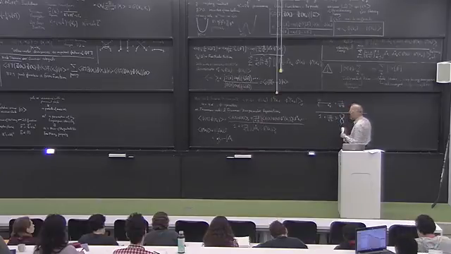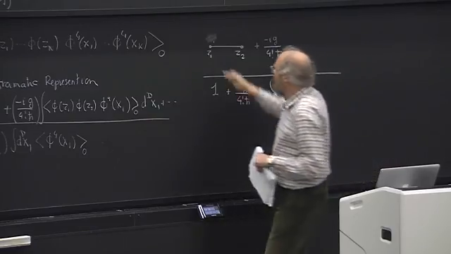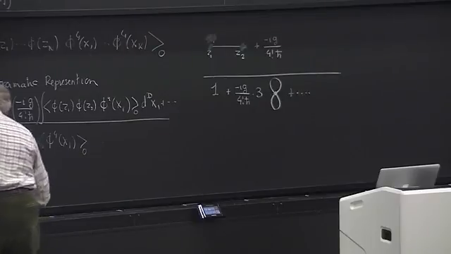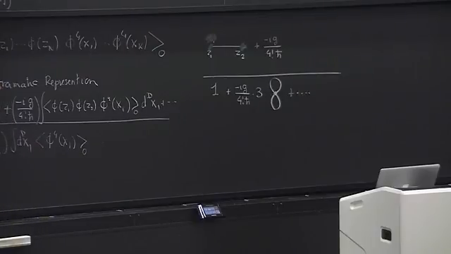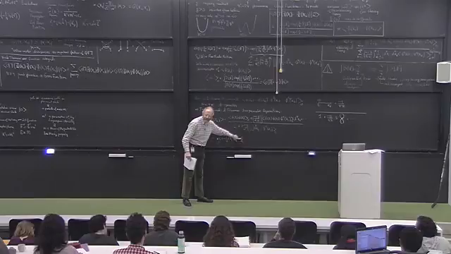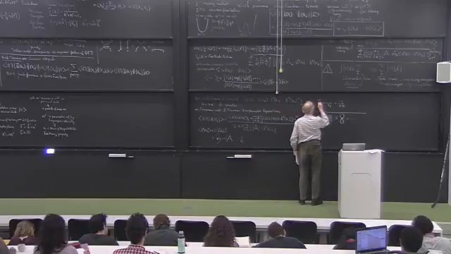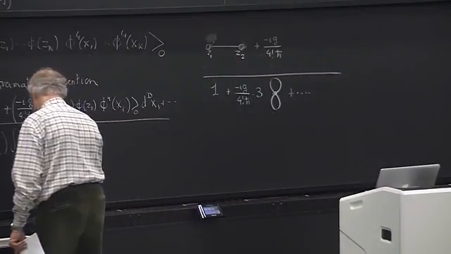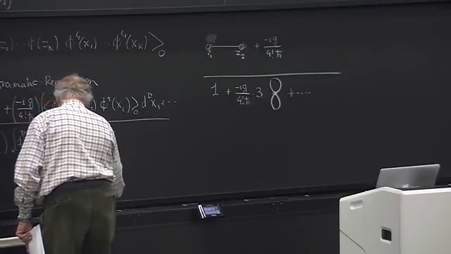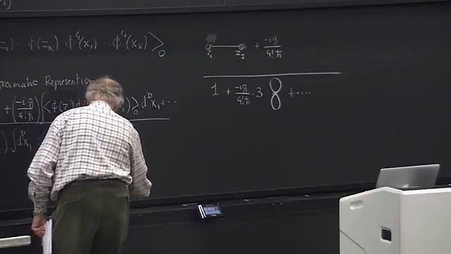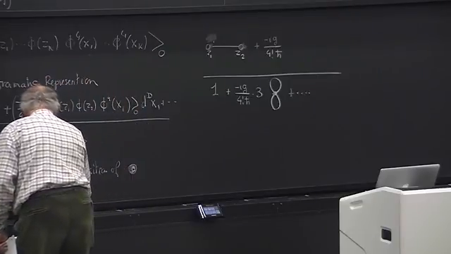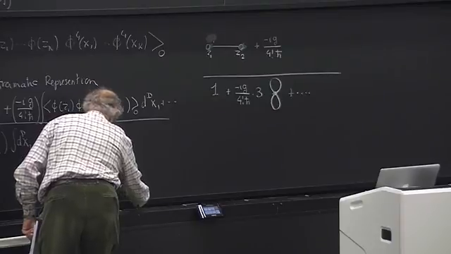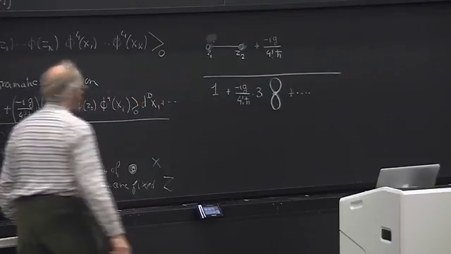Now, I will represent an external point like Z1 and Z2 by black filled points, just to make the difference. So here I have a vertex which is like that. These ones are fixed, and this one we integrate over. Remember, the rule is to integrate over the position of filled vertices, and external points are fixed because they correspond to some z, and those correspond to some x.